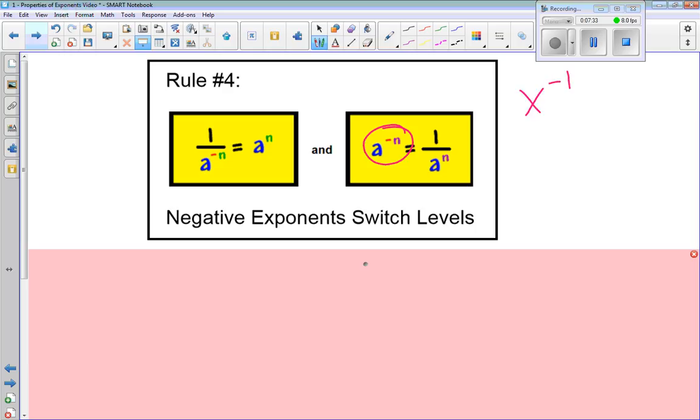So we're going to put it on the other side of our fraction. So this becomes 1 over x to the positive. In this situation, if I have a negative exponent on the bottom, this guy just flips to the top, and I get n to the 3rd on top. I could write over 1 if I wanted to, but I don't need to, so it's just n to the 3rd. So go ahead and pause the video and write this one down.